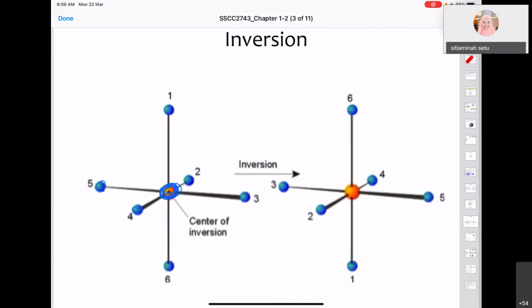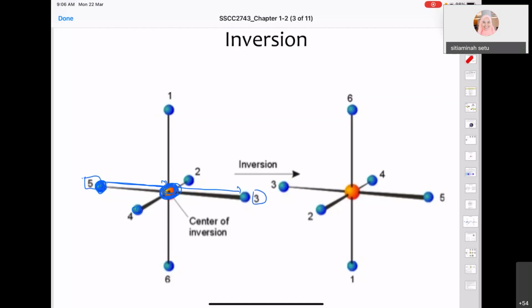For example, kita start daripada atom yang nombor 5 ni. Okay, terminal atom nombor 5. Kemudian kita movekan dia to the center and then dia mestilah bergerak ke arah kita dah push dia ke arah kanan, so dia akan pergi ke arah terusnya. Okay, so that's mean atom nombor 5 ni dia akan bertukar kepada atom nombor 3.